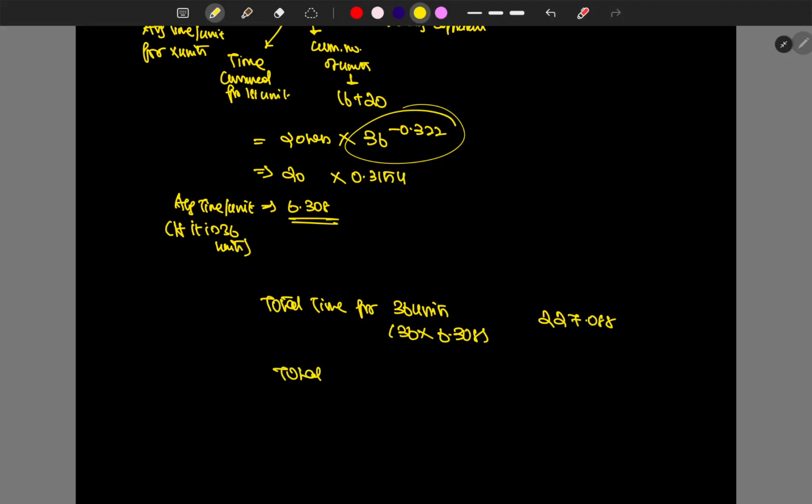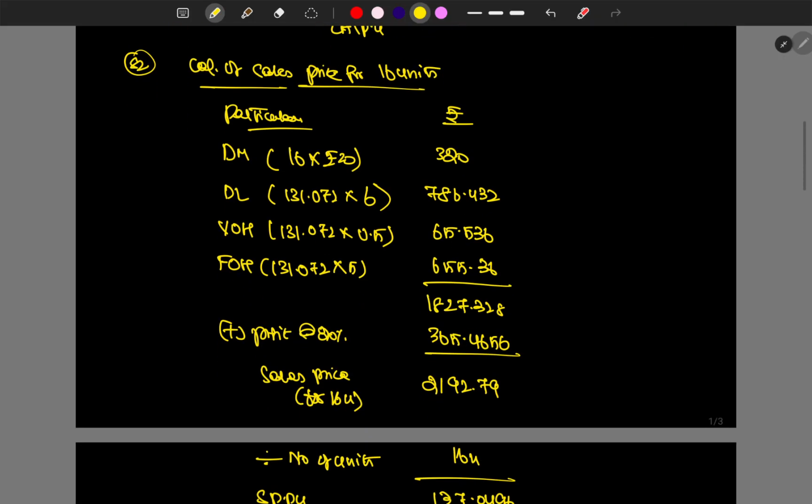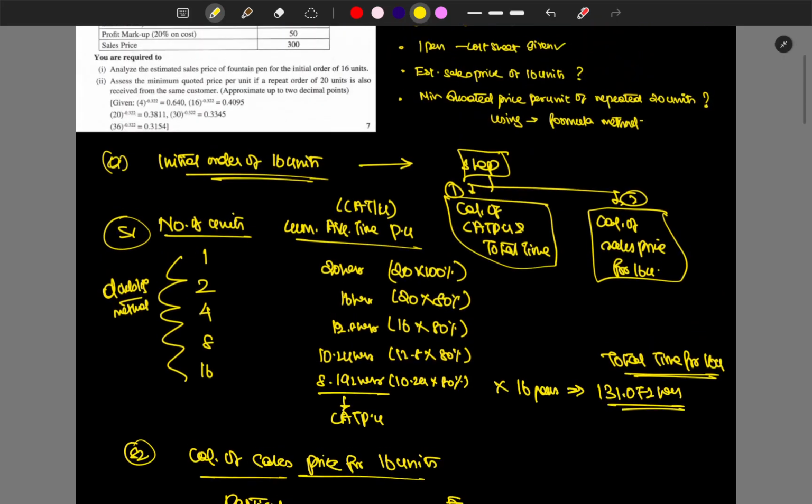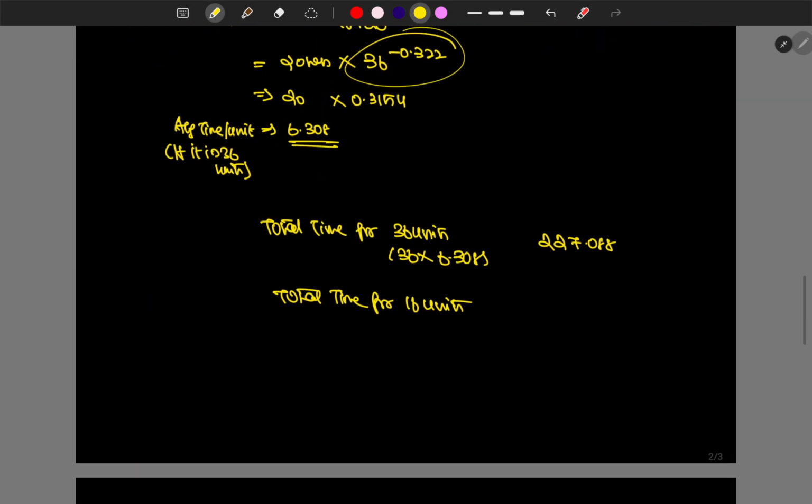Then the total time for the already produced 16 units is 131.072, which we have already got, right?